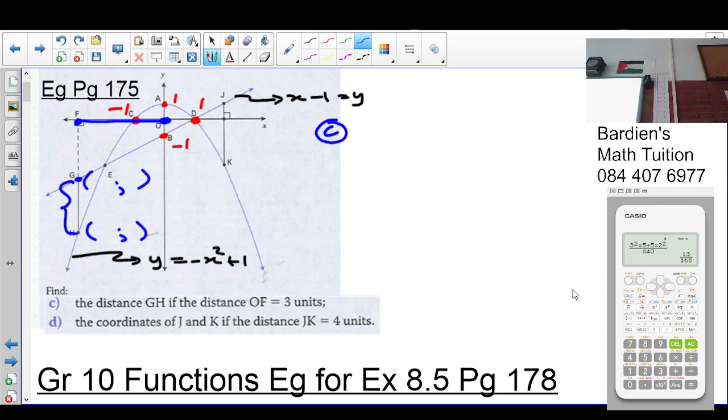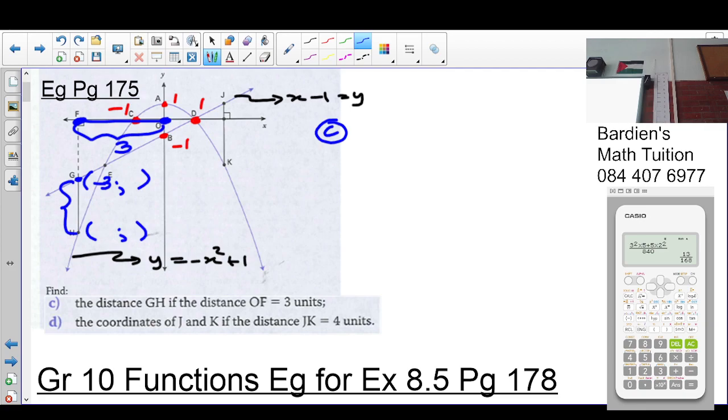If this length is 3, what is your x value here? Negative 3. Why negative 3? Negative side of your x-axis. So the x value of G is negative 3.